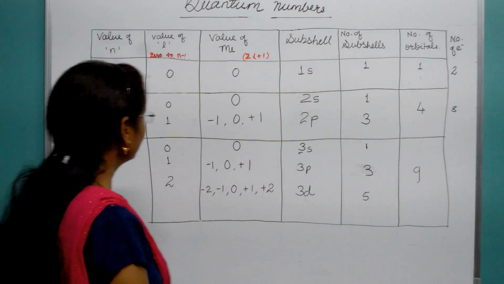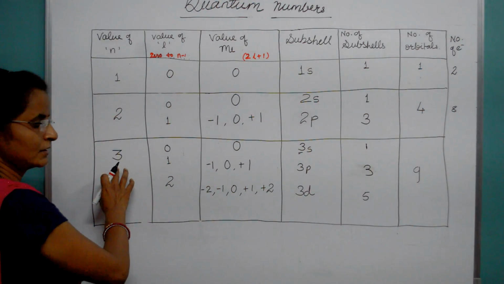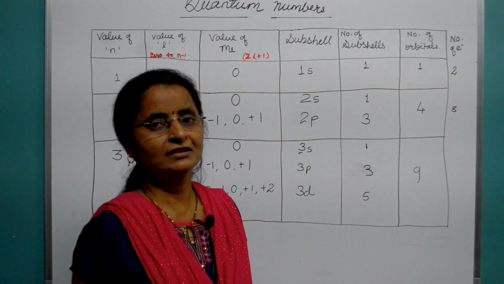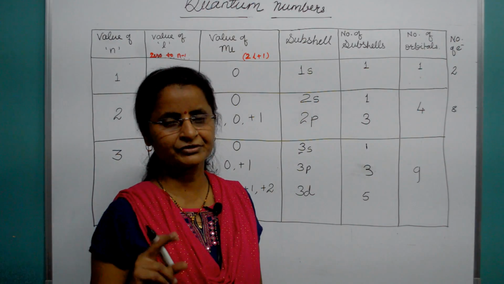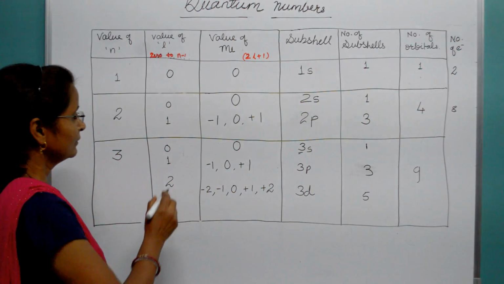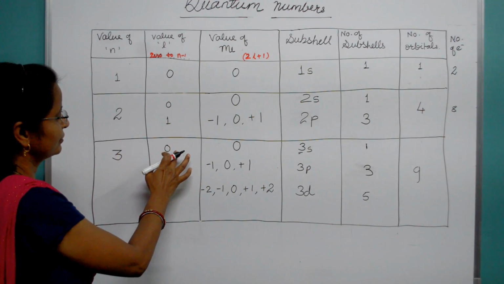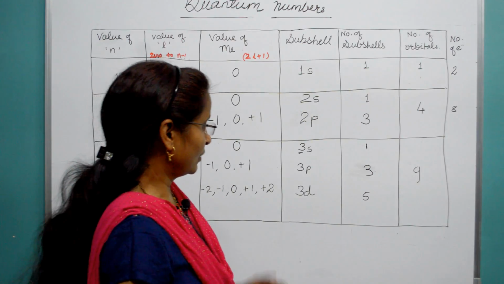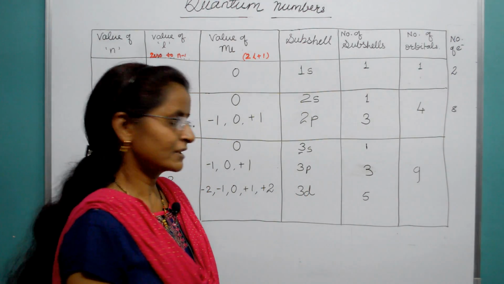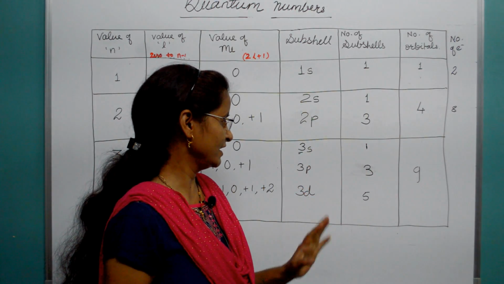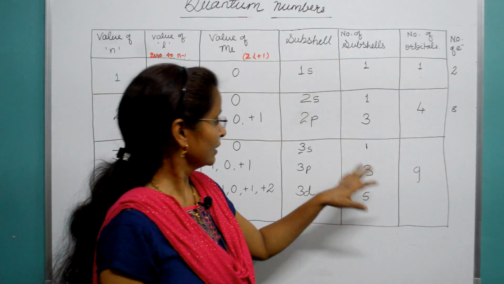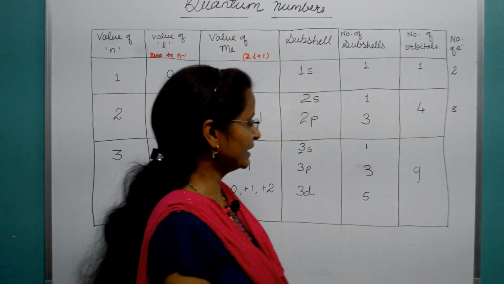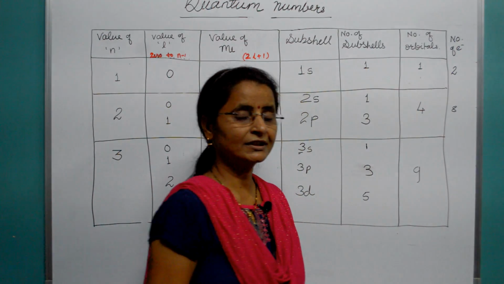Okay. Now the third energy level. n is equal to 3, meaning the principal quantum number is 3, the energy level or shell number is third. Then the value of l is how much? 0, 1 and 2. So the subshells are S, P and D, and the total number of orbitals is how much? Total 9.